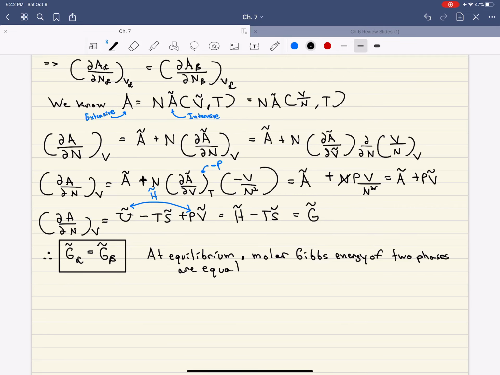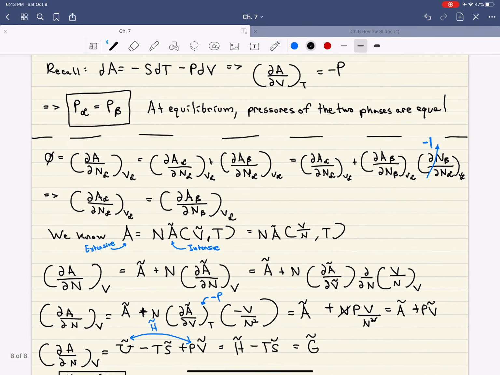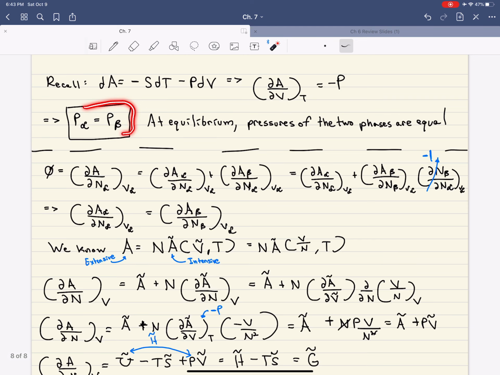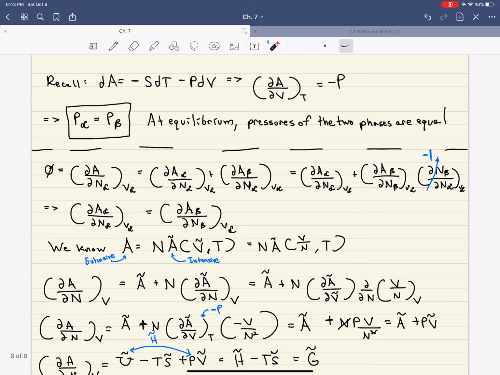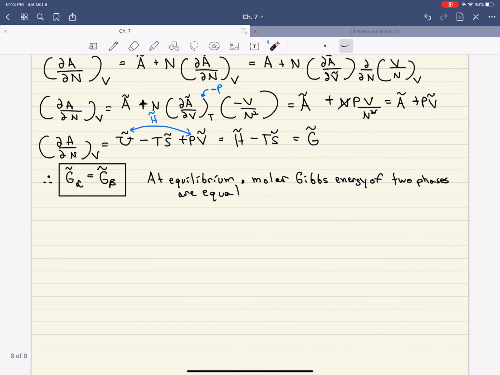Okay? And so this is in addition to the criterion we got when we minimized Helmholtz with respect to volume. So not only do the two phases have to have the same pressure, but they also have to have the same molar Gibbs energy.